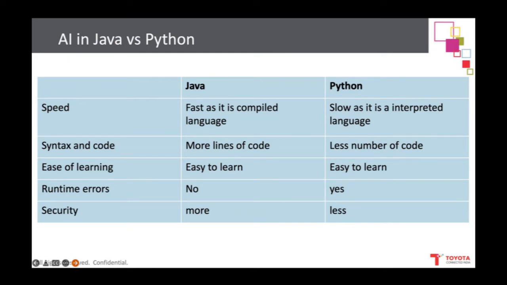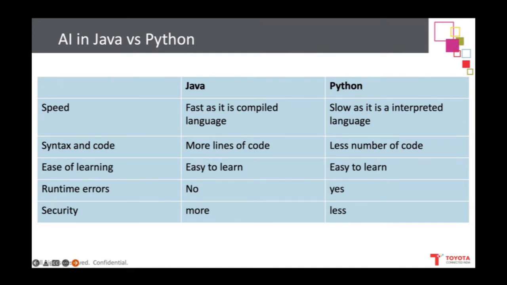Runtime errors. I don't say there are no runtime errors, but the number of runtime errors is very low when compared to Python, because whenever there is an error in the code, we get compile errors at compile time, at least.